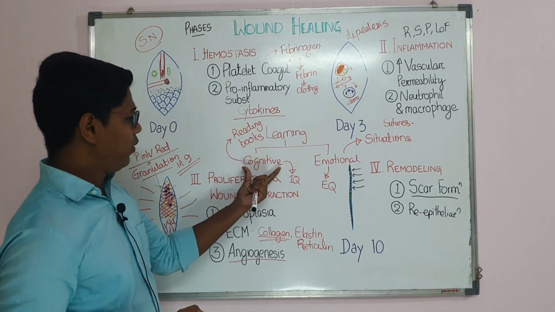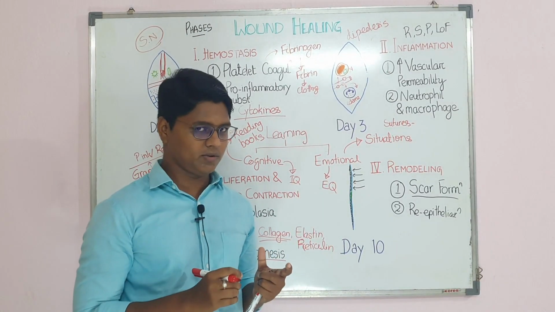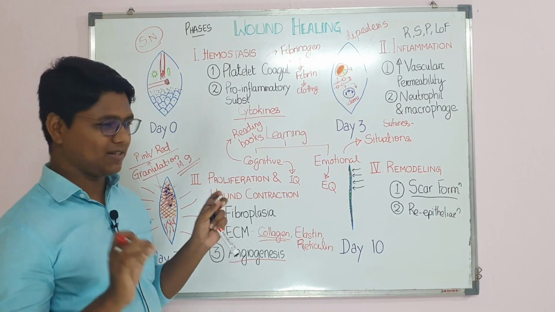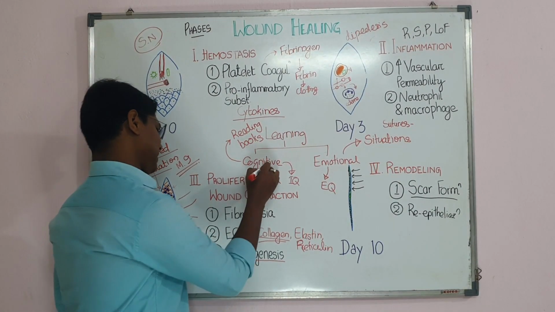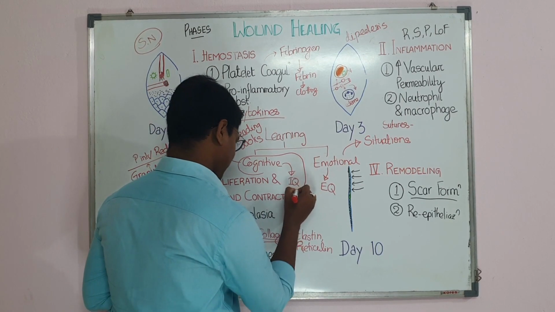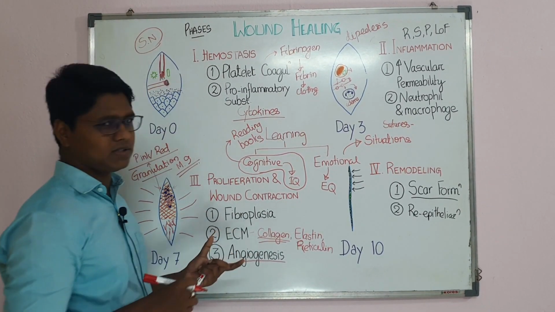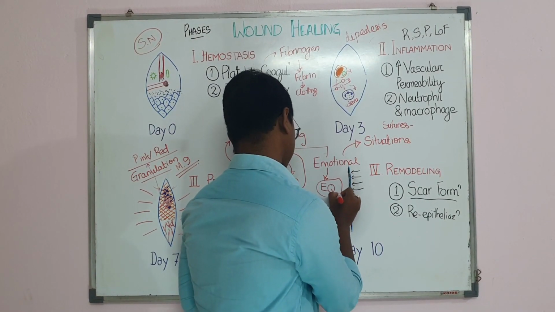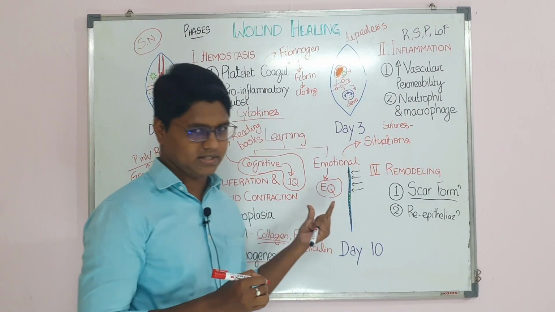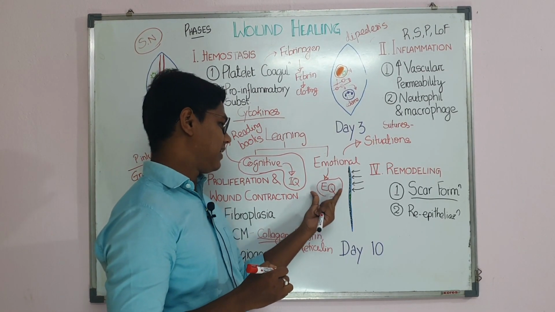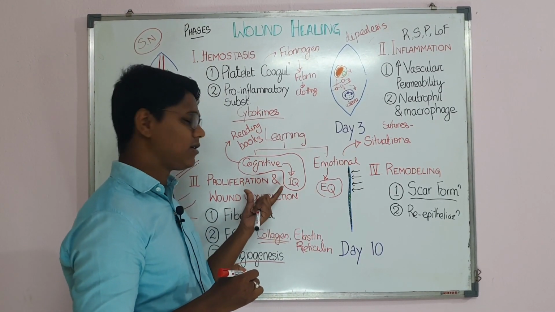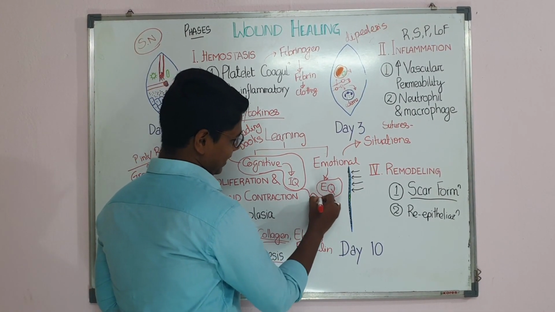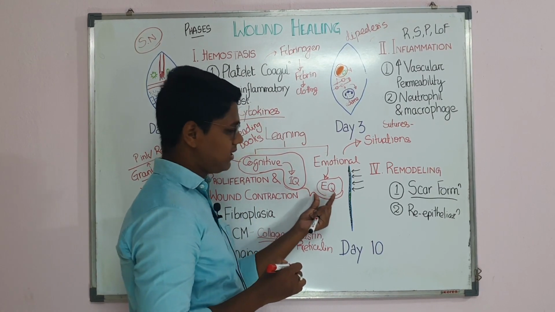So both of them are necessary in your life, the cognitive one and the emotional. Most of the toppers, not all, have very high IQ. They read so much, they write so much, but they do not have EQ, the emotional quotient. But the person who has EQ and does not have IQ is also useless. So you have to make a balance between IQ and EQ.